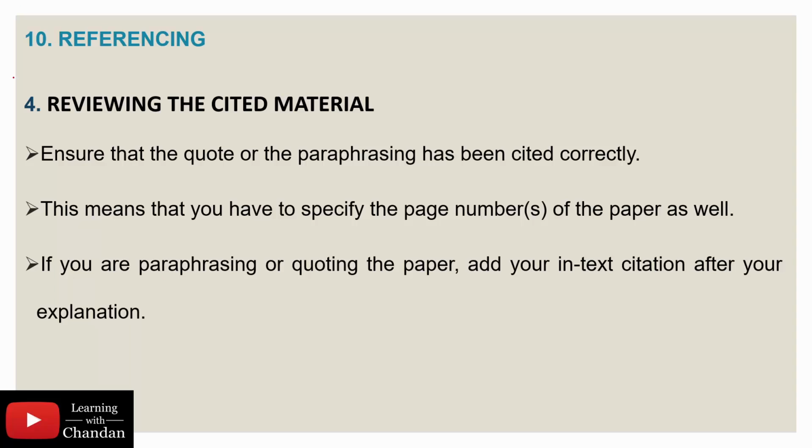The last thing to review is to check for accuracy of cited material. Please make sure that all the definitions and quotations are backed by in-text references correctly. There should be no misspelling of the names because that may reflect your imperfection and it does not reflect professionalism on the part of the author.